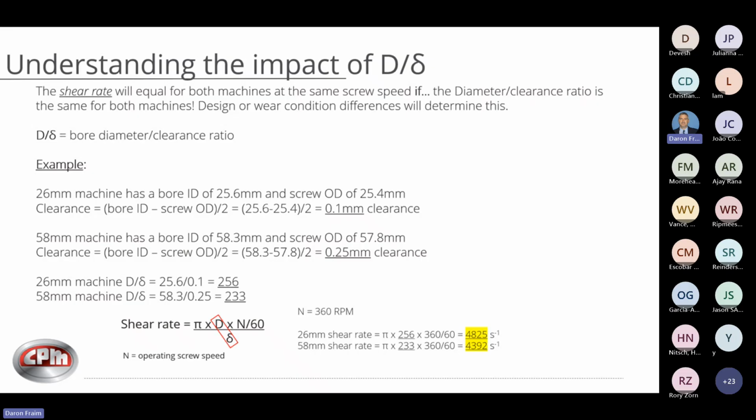It's just bore ID minus your screw OD divided by 2. I've got a 0.1 millimeter clearance. On the 58, I've got a 0.25 millimeter. So those are relatively close. If you calculate the diameter to clearance ratio, they're slightly different, but you can see on the shear rate, one's at 48.25 reciprocal seconds for the smaller machine, and the other's 43.92.